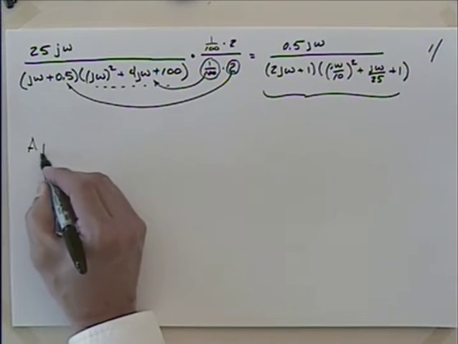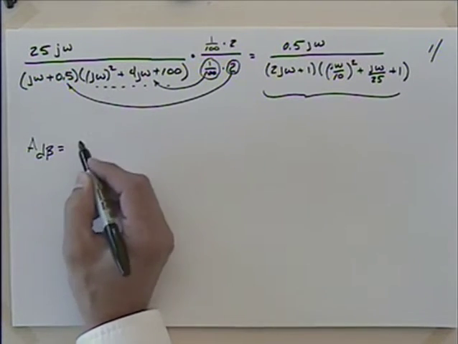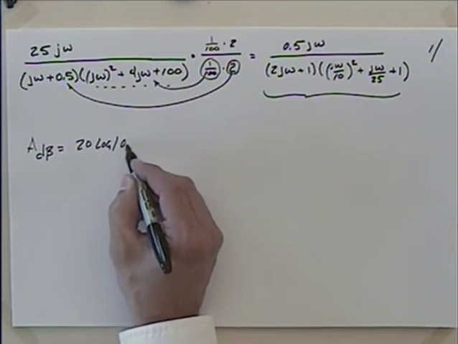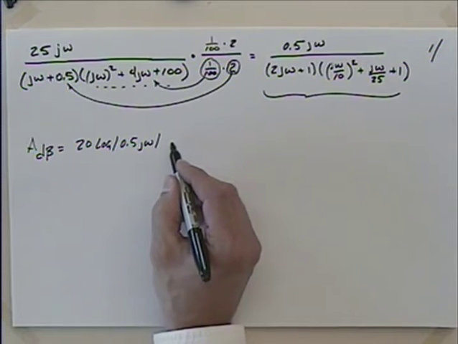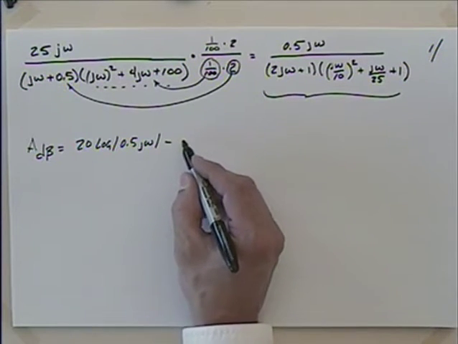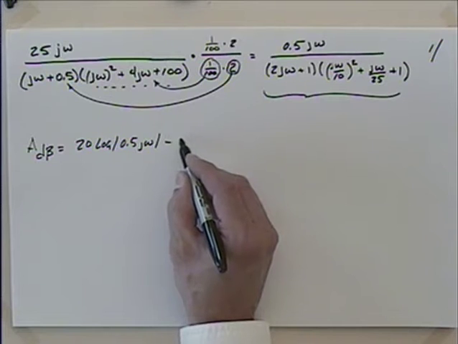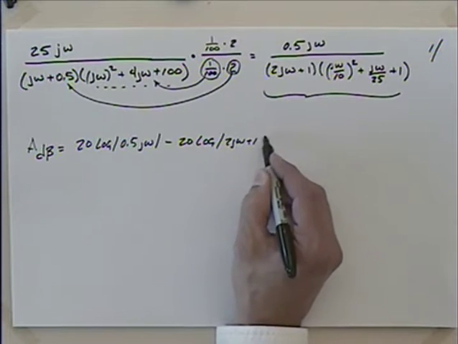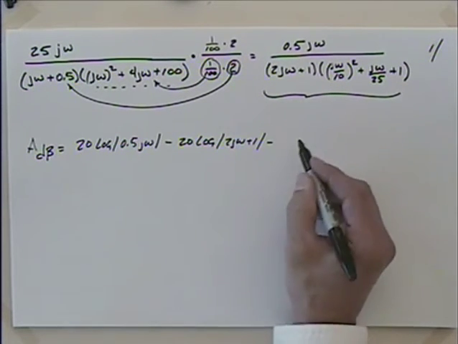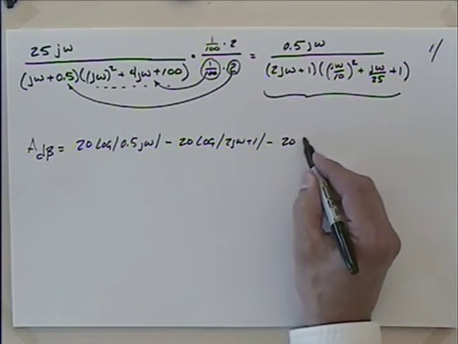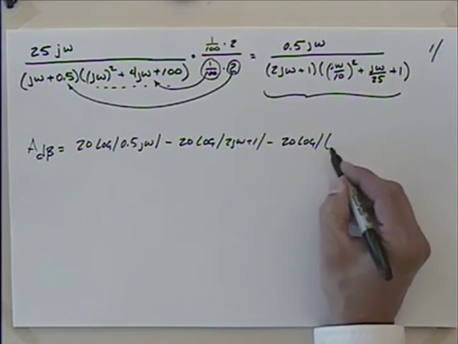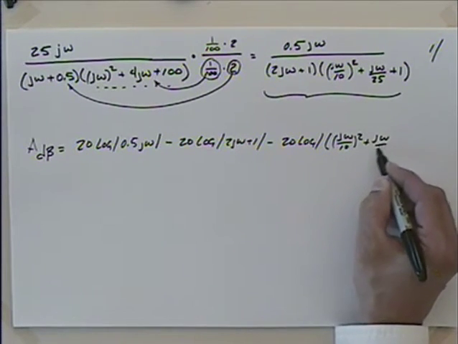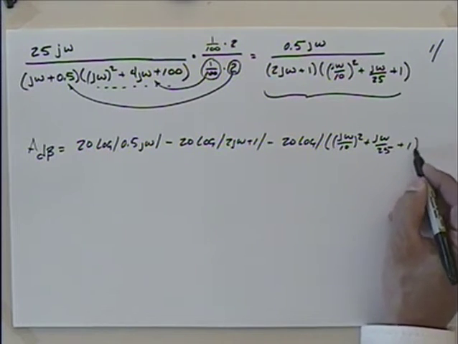The amplitude in decibels is going to be equal to 20 times the log of 0.5 j omega, and then I have to subtract off 20 times the log of 2 j omega plus 1, and then I have minus 20 log, and I've got this whole thing, j omega over 10 squared plus j omega over 25 plus 1.